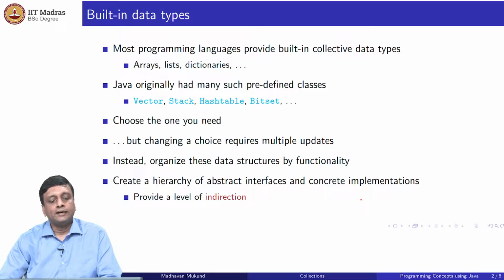So, you create a hierarchy of abstract interfaces and concrete implementations, so that you can switch around at the level of interfaces as far as possible and choose a concrete implementation only when you need to. And if you need to change the concrete implementation, the interfaces can still be used, as we saw in the queue example, so that the interfaces still remain the names of the various objects that you are dealing with, so you do not have to change too much code.